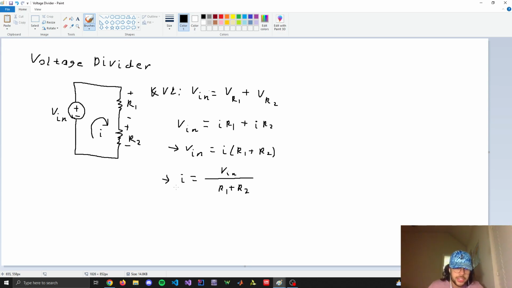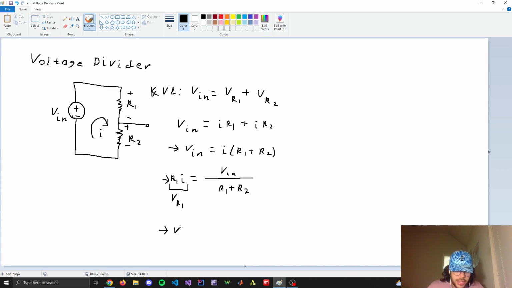And notice that when I take this I and multiply it by each of these 2 resistors, I'll get the voltage across it in reference to this point I just put here. Since this I stays the same because it's a series circuit, I times R1 is exactly the voltage across R1.